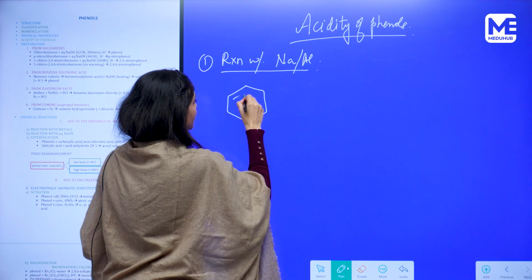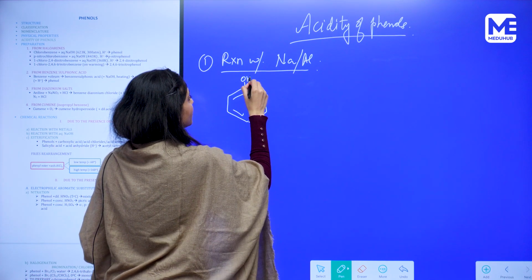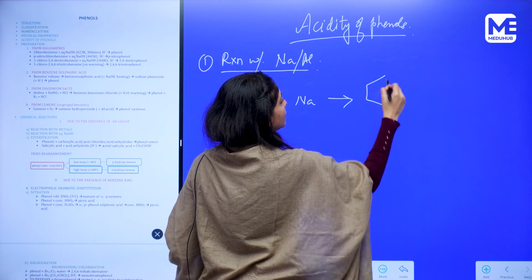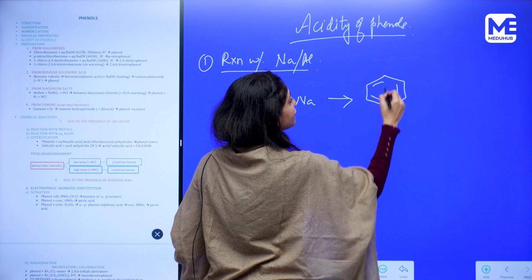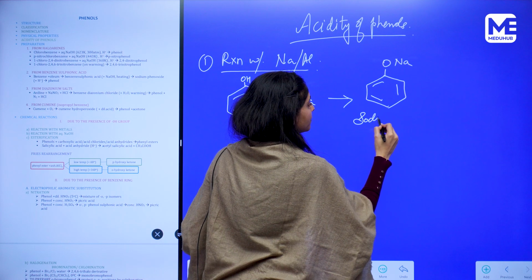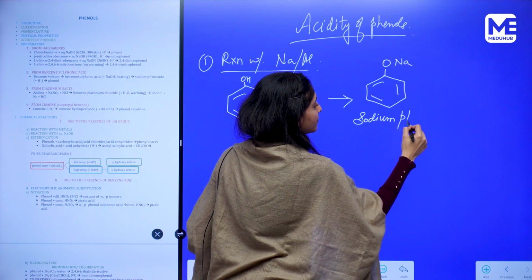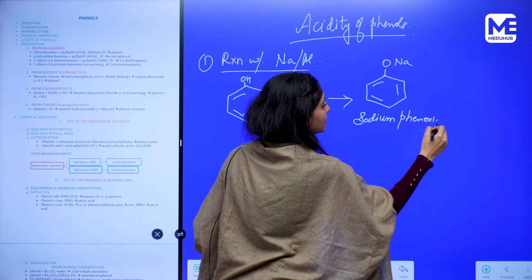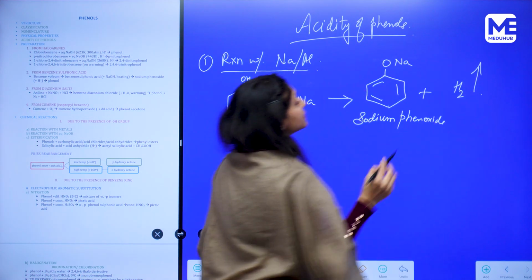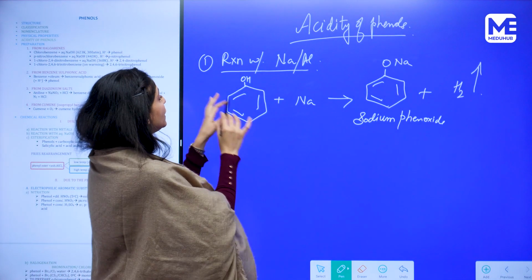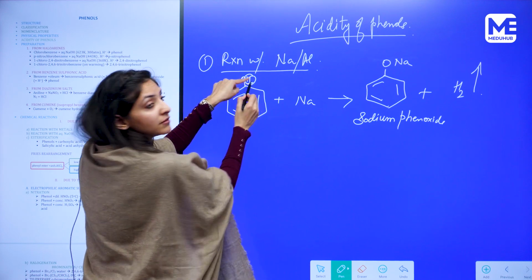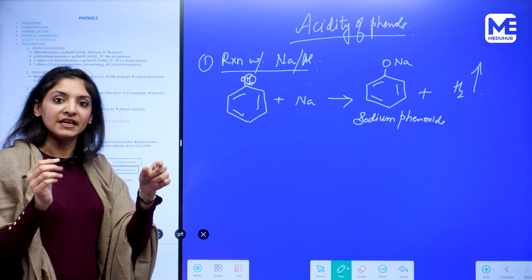So we have phenol which reacts with sodium to give us sodium phenoxide and H2. Hydrogen gas is released. This tells us that phenols have an ability to give up this proton here, right? Which makes them acidic in nature.